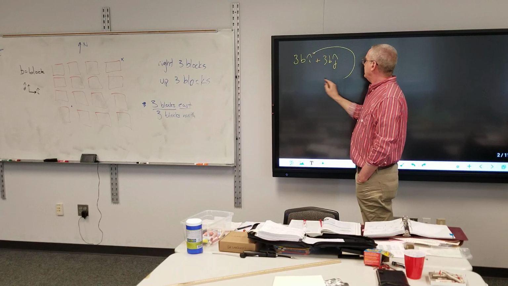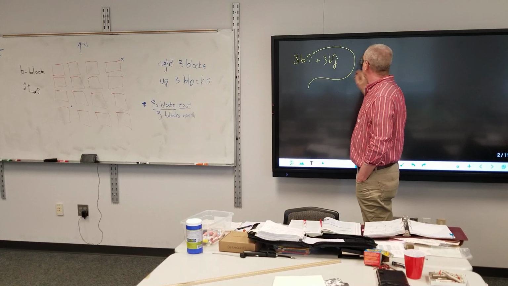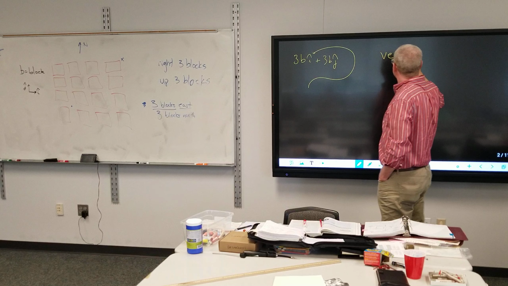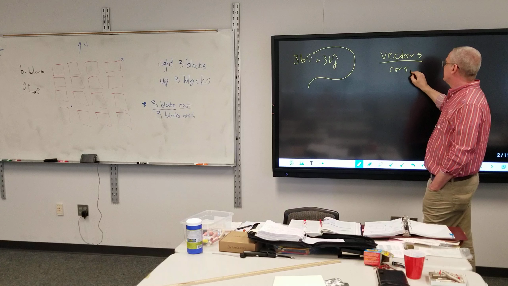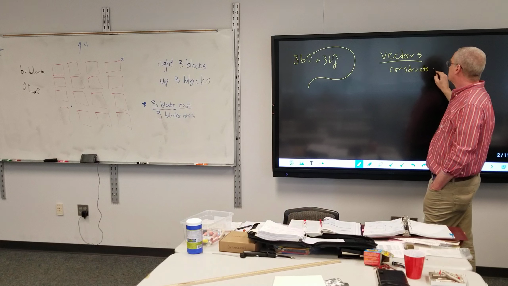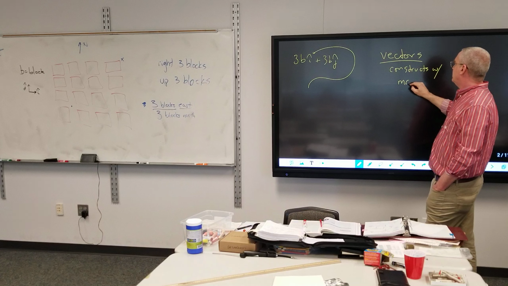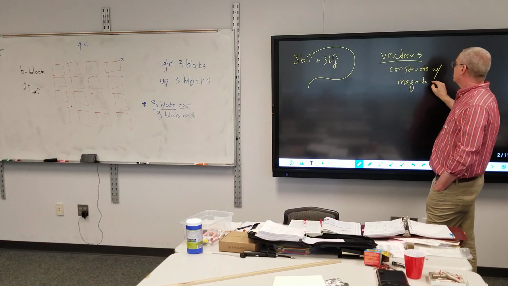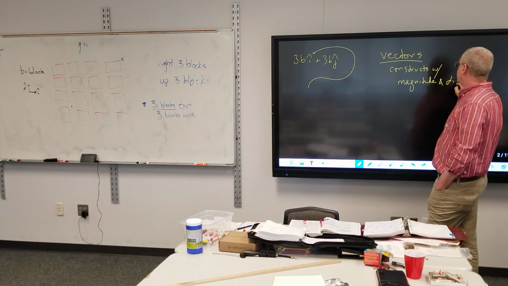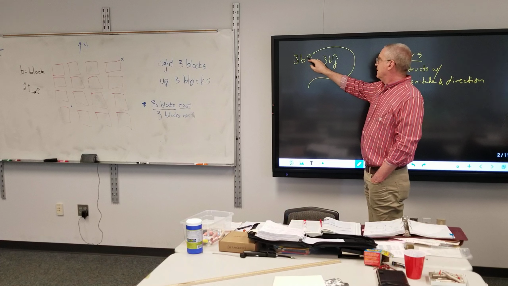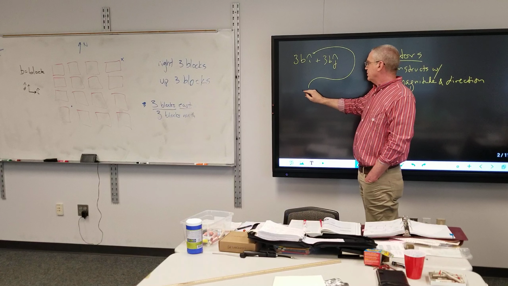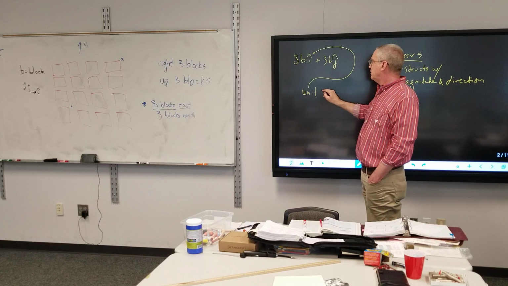Whenever you see the hat, it's a special type of vector. Vectors in general are mathematical constructs with magnitude and direction. This is a specific type of vector called a unit vector.